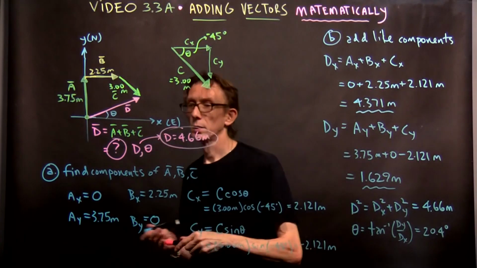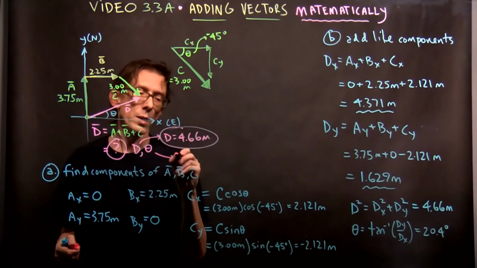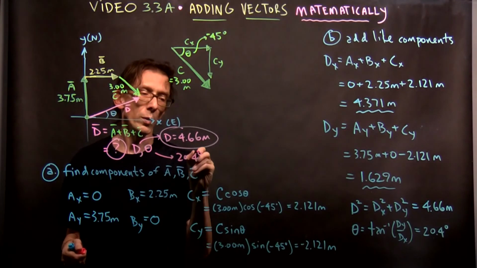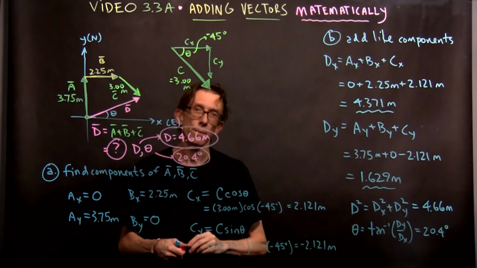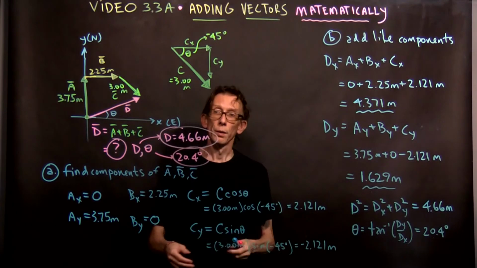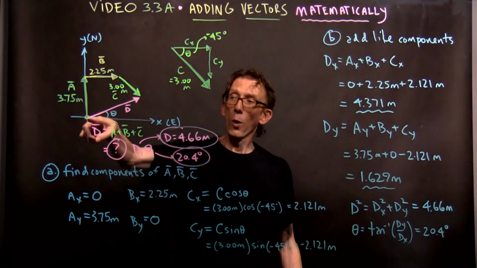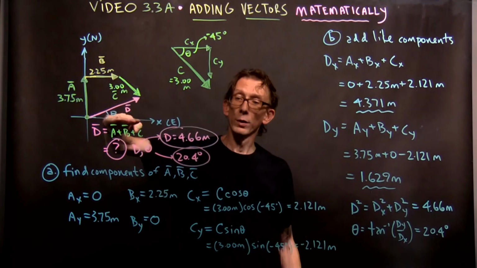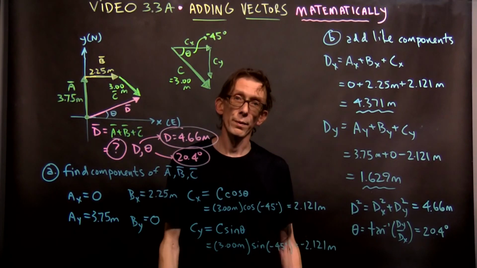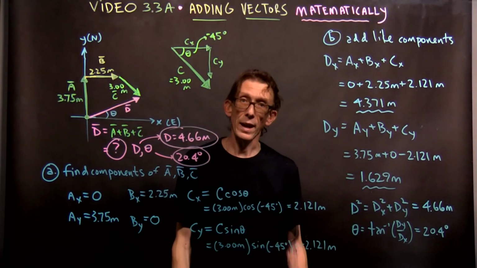So this angle here is 20.4 degrees, and that is your answer. You have gone 4.66 meters at an angle 20.4 degrees above the positive x-axis. That's how you add vectors.